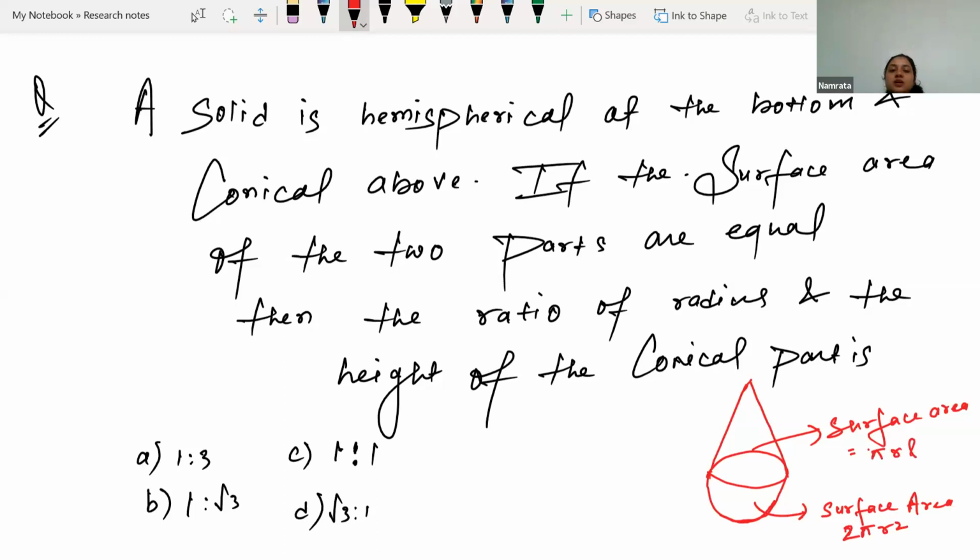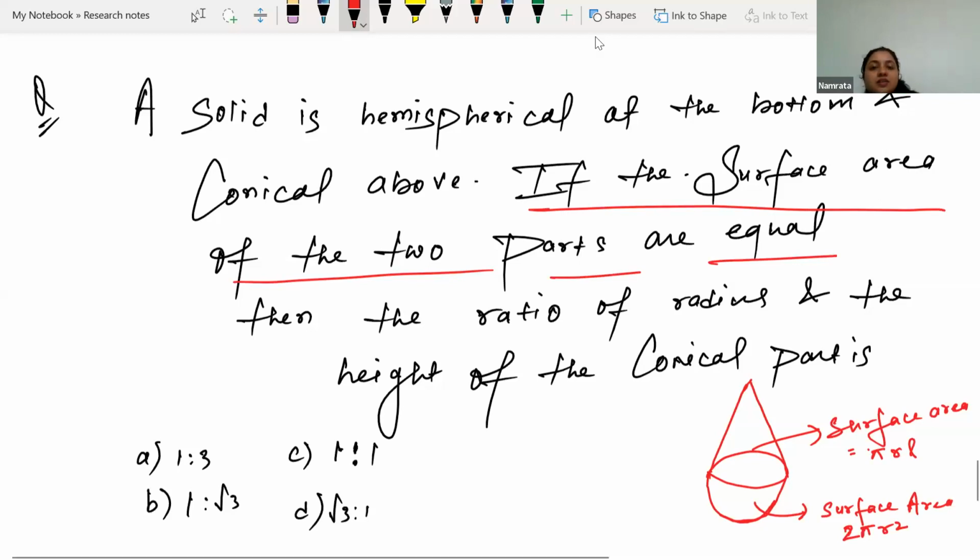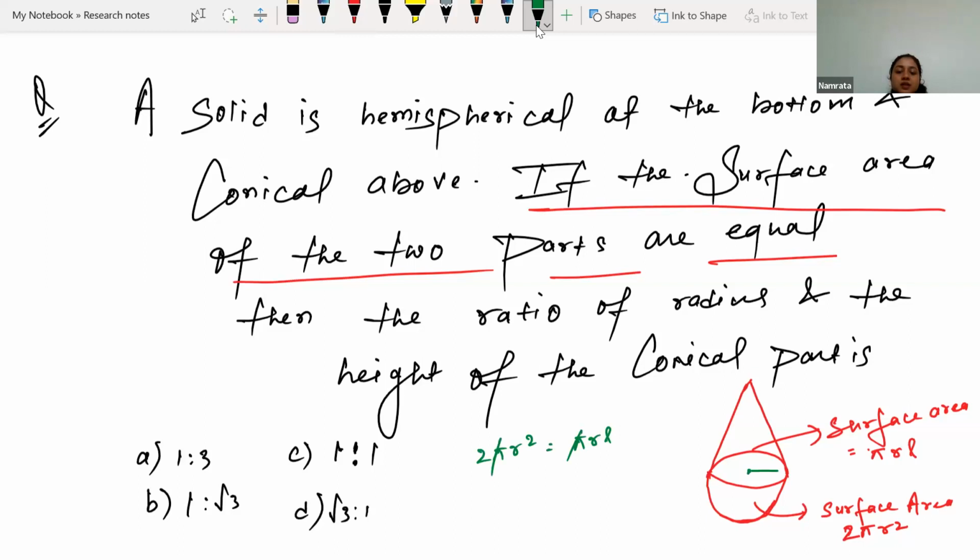It says both are same, right? Let's equalize. 2 pi r square is equals to pi rl. Pi we can cancel since both have same radius, r and r also we can cancel. So 2r is equals to L.